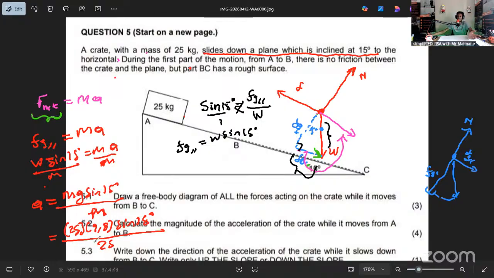But we know the maths, they're dividing. But anyway, let's quickly calculate what would be our acceleration. I'm gonna write the value here. So it's just 9,8 times sine 15 degrees.